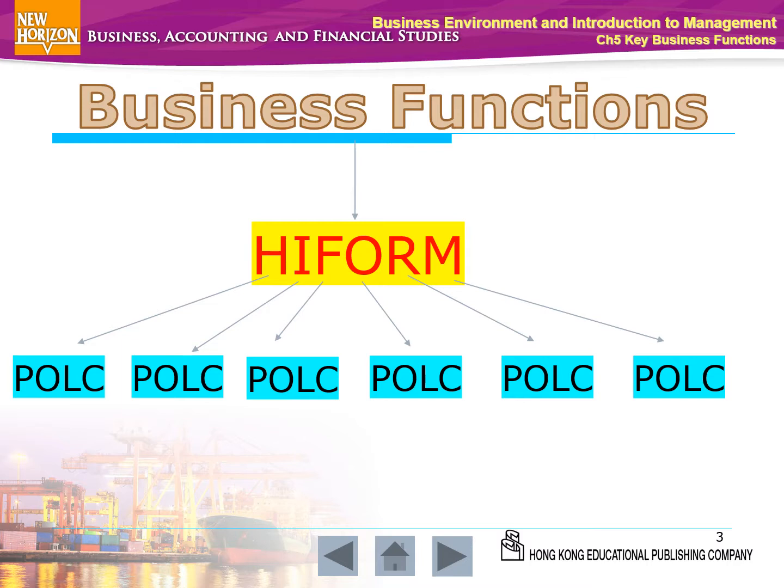P stands for planning, O organizing, L stands for leading, C stands for controlling. It means that there are 6 business functions. Under these functions, we have 6, okay, which are printed in yellow, which are HIFORM functions.